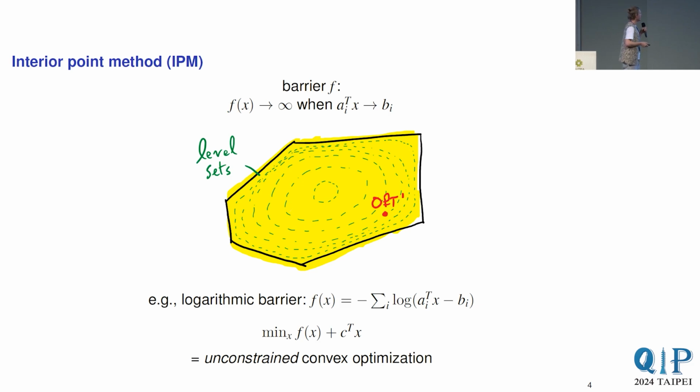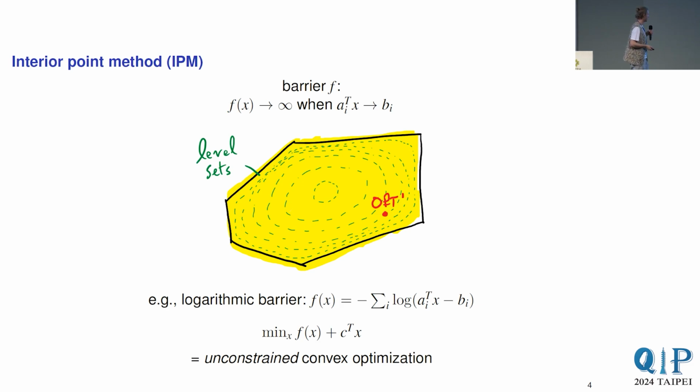In fact, if you choose your f appropriately, you can ensure that the minimizer of this new function approximates the minimizer of the original LP. Remember that in the original LP, the opt was in this corner, and now we get some opt prime. It's close to that as we choose f of x appropriately.